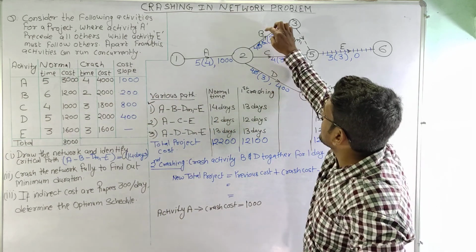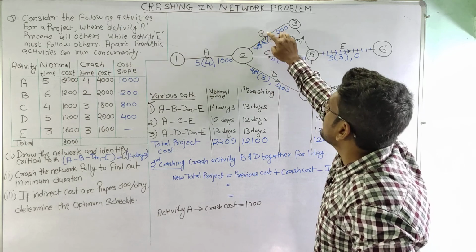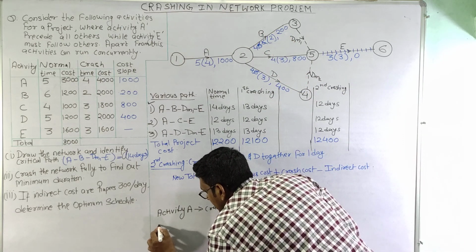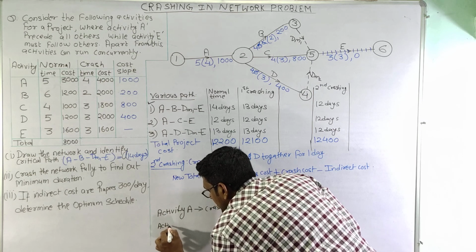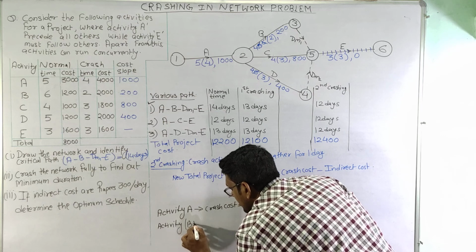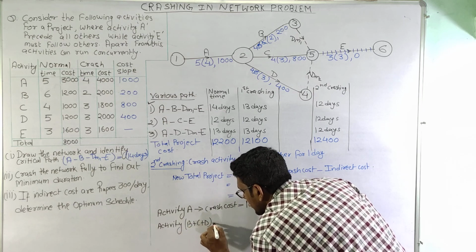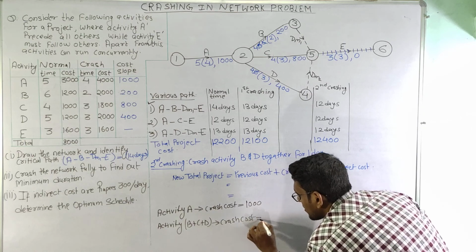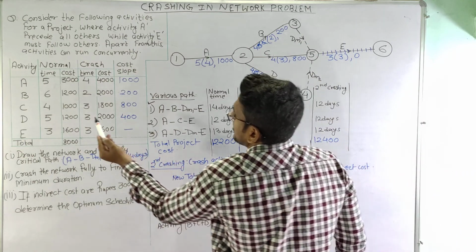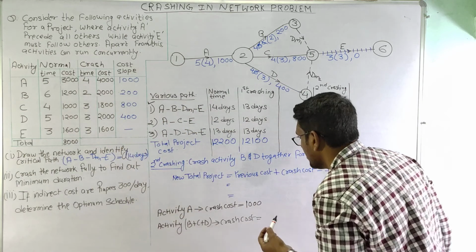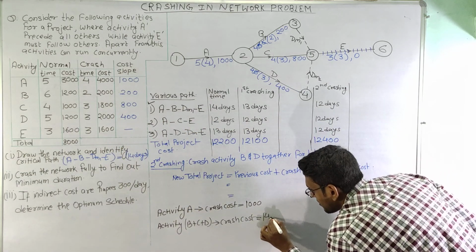And if we crash B, C and D together, the crash cost will be 200 plus 800 plus 400. So this will be 1400.